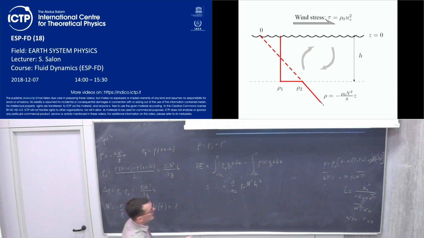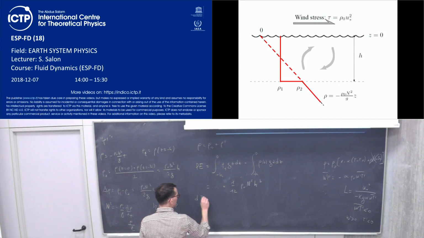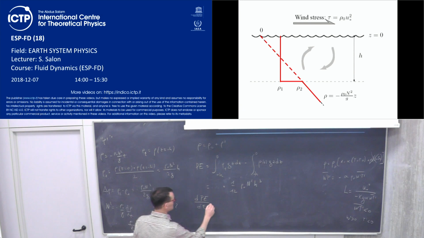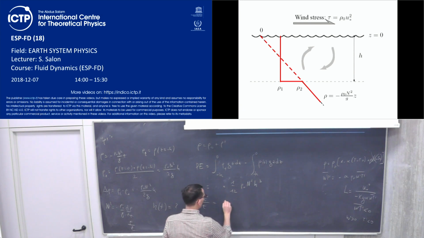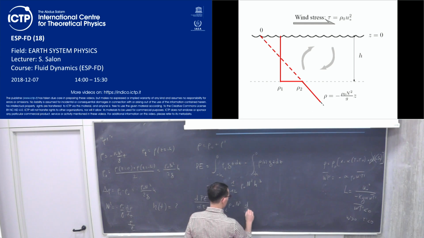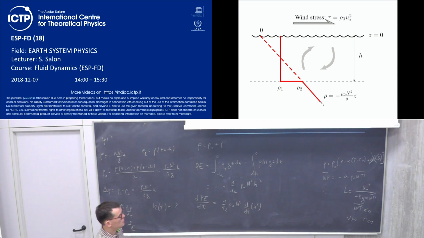So of course h is a function of t, because we are not in a steady situation, but we are analyzing how the system is evolving. So we can look for the rate of change of our potential energy, which is nothing more than 1/12 rho 0 N squared, and then I must do the time derivative of h cubed.